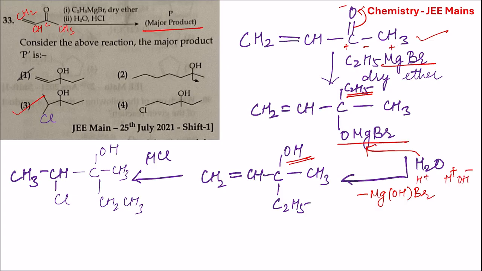H plus ion will attack the oxygen forming OH group and MgBr will bond with OH minus ion to form MgOHBr. Now on adding HCl, HCl will add across this double bond and the final product is product 3. So the correct option is option 3.